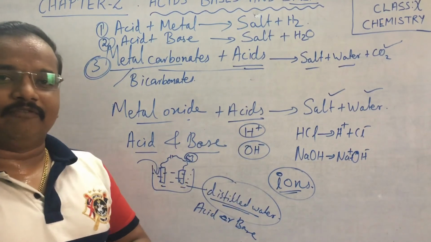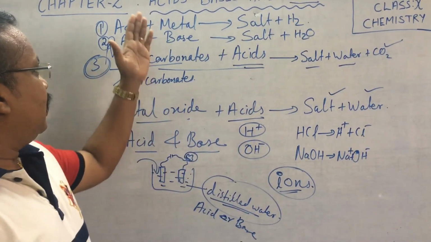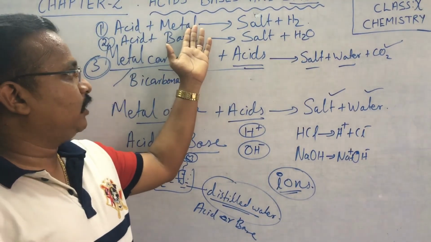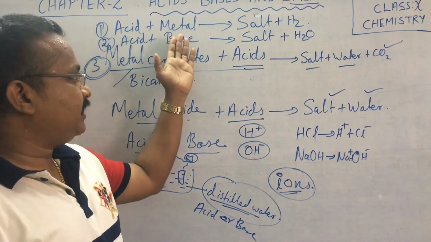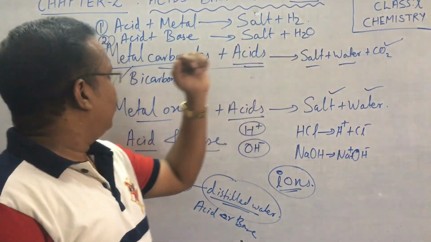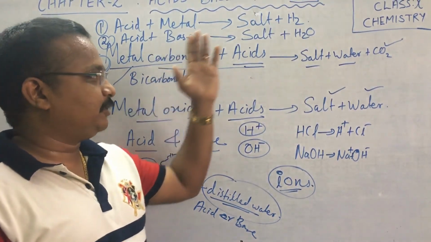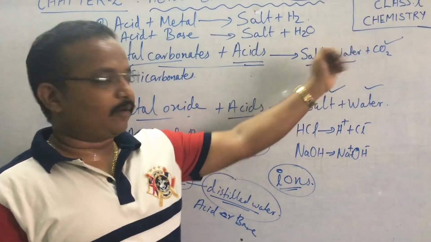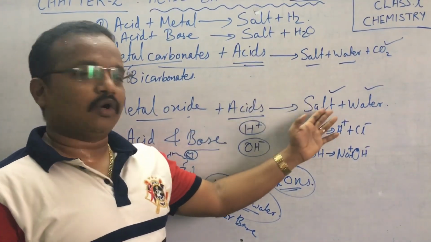So today, children, we have discussed certain chemical properties: acids reacting with metals to produce salt and hydrogen gas, acids reacting with bases to produce salt and water, acids reacting with metal carbonates or bicarbonates to produce salt, water and carbon dioxide, and metal oxides reacting with acids to produce salt and water.